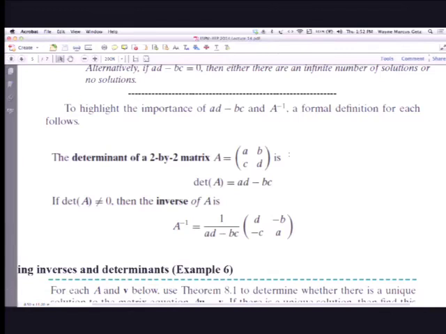So this turns out to be the same as this, and this turns out to be 0. So what's going to happen is we'll get the same thing over here, minus C times A, and then plus A times C. So this turns out to be 0. This turns out to be 0.